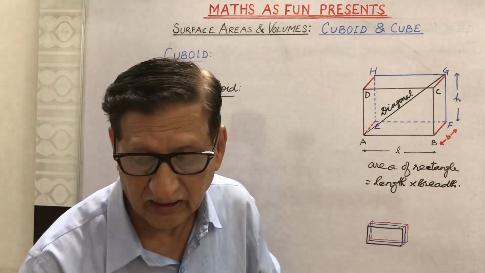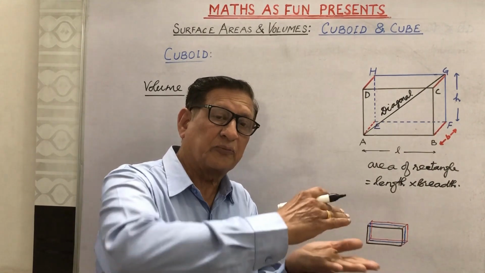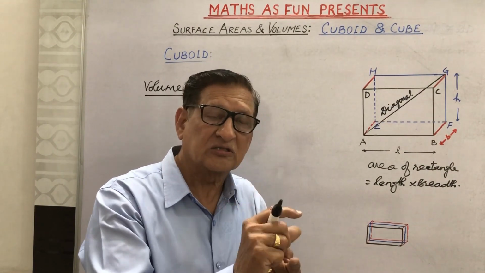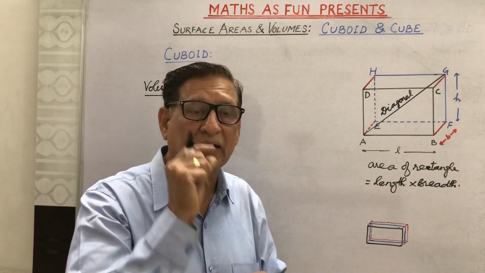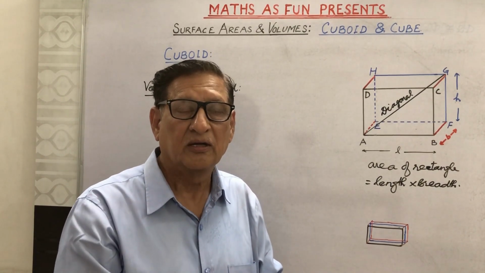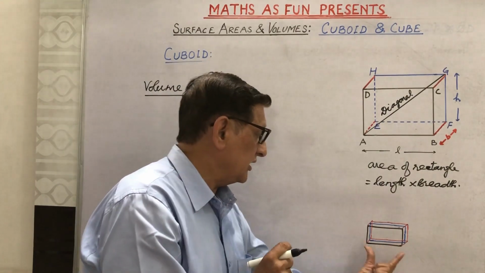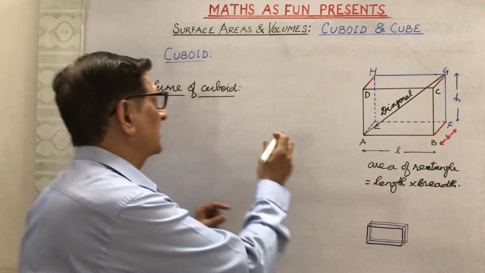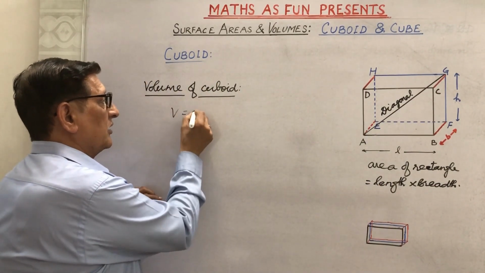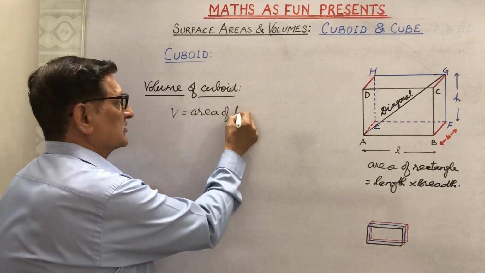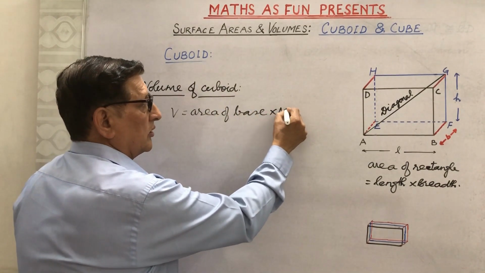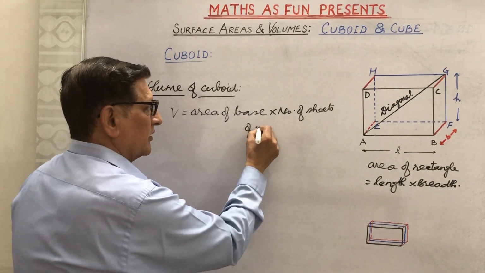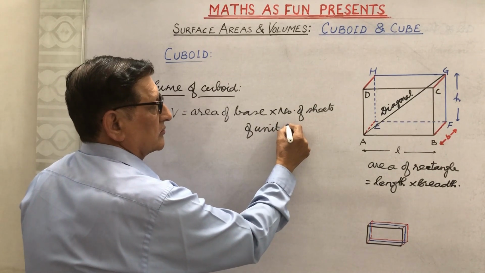So like this, whatever the number of sheets we are putting one above the other, that becomes the height of this. And hence we can say that the space occupied by a particular cuboid can be taken as the area of base into the number of sheets. So we can write this as V, that is area of base into number of sheets of unit thickness.